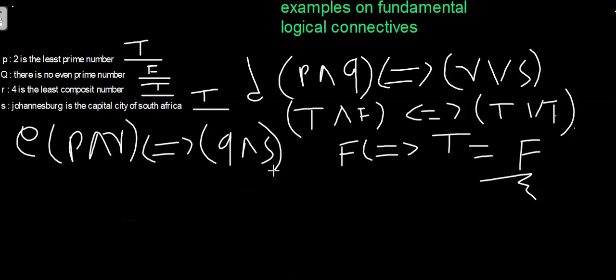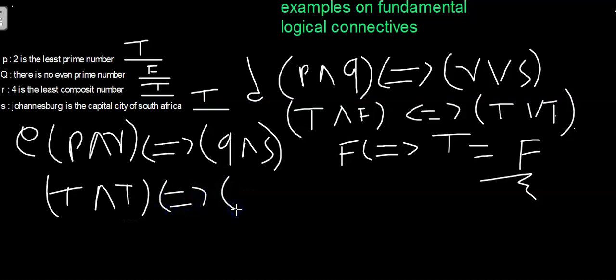So pause the video and try it. Okay, so let me substitute. Got this P is true, so R is also true. By implication, we've got Q that is false, and we got S that is true. Oh, not false, but true.